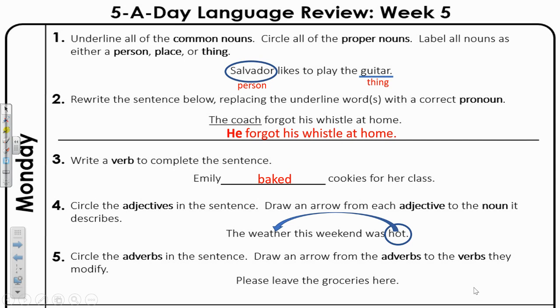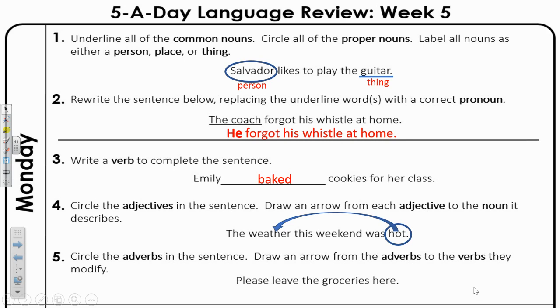Last one says, circle the adverbs in the sentence. Draw an arrow from the adverbs to the verbs they modify. We talked about adverbs last week, and we mentioned that most adverbs end with ly, but not all of them. And if you look at this sentence, please leave the groceries here, none of those words in that sentence end with ly.